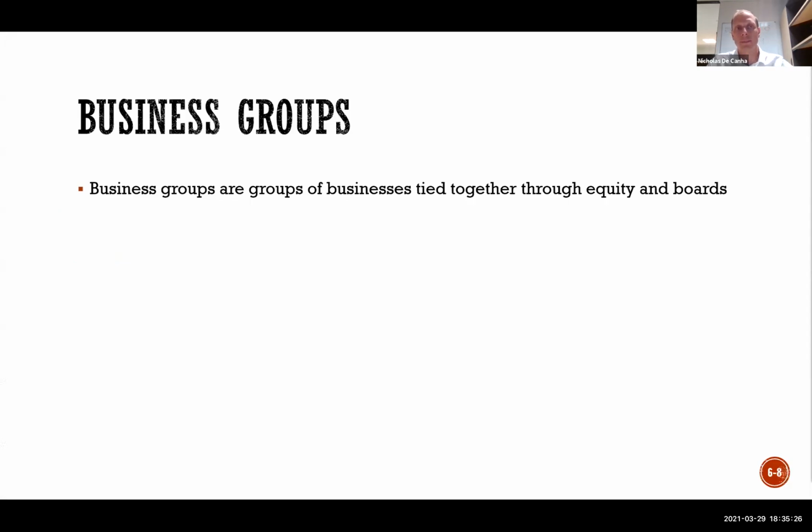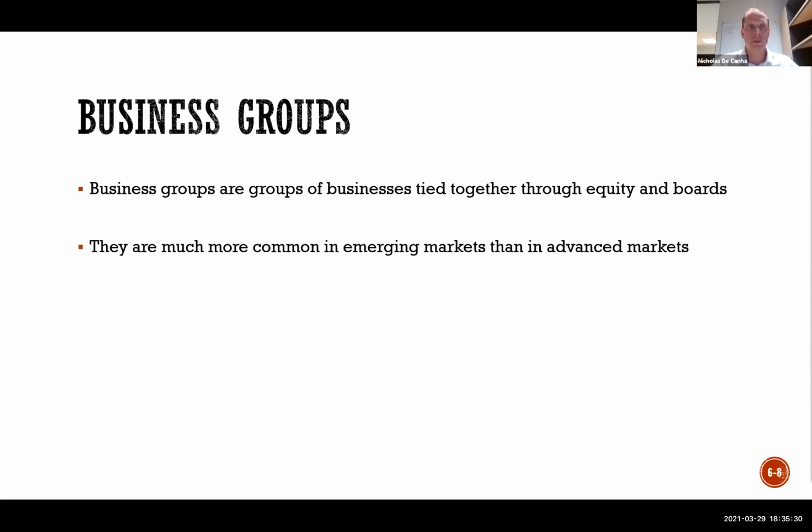Okay, so business groups are simply groups of businesses that are tied together through equity and boards. Pretty straightforward, but they are much more common in emerging markets than in advanced markets. And the question really is why?